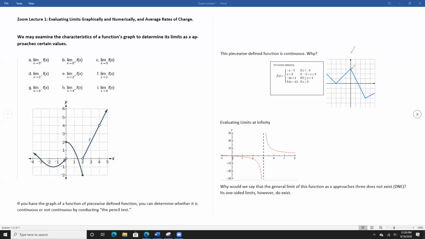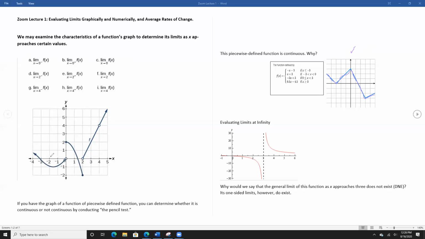And in this case, we have a function that is continuous because it passes the pencil test. In other words, if I start on the left side, as far as I can see, I can actually trace this function without having to pick up the pencil. So that is a continuous function.